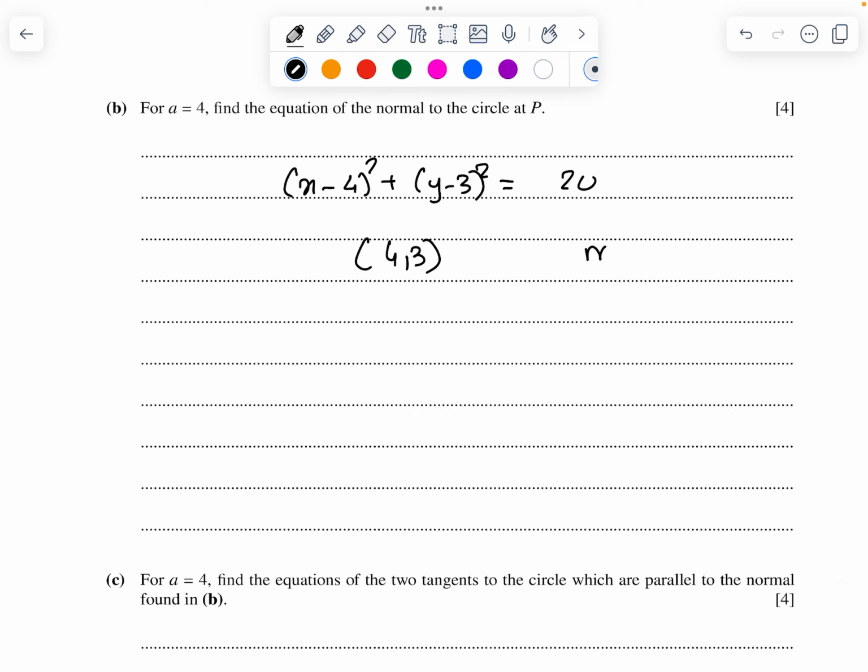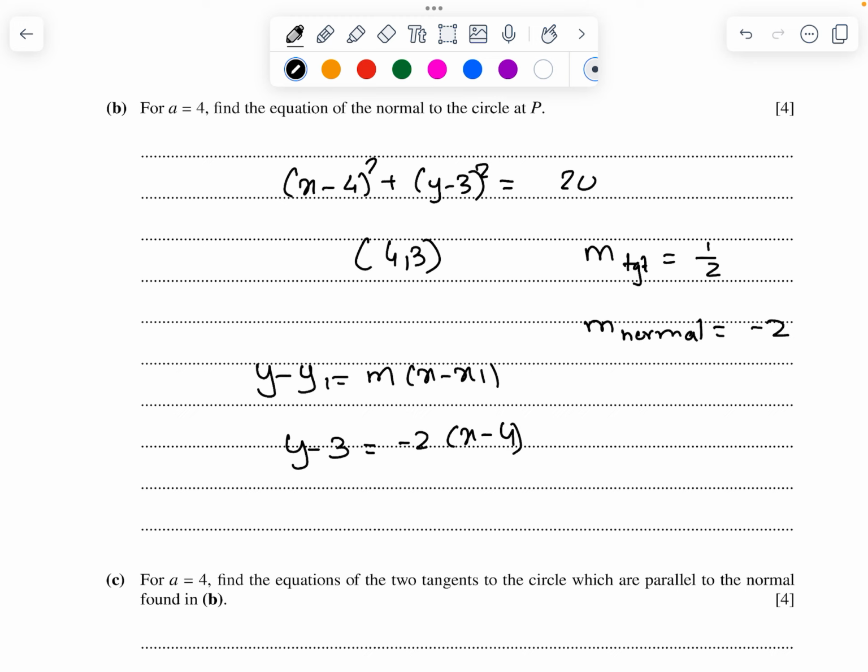So the gradient of the tangent is 1 by 2. So the gradient of the normal will become negative 2. Once I know, y minus y1 equals m times x minus x1. So y minus 3 equals negative 2 times x minus 4. Then you should be able to get the answer as y equals negative 2x plus 8 plus 3.